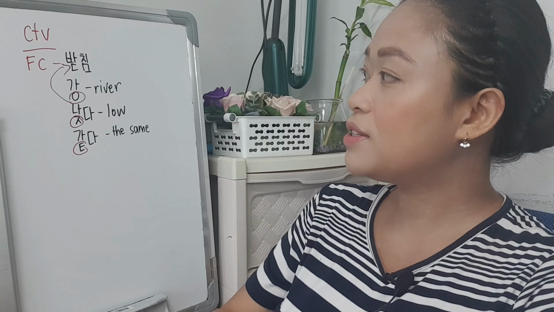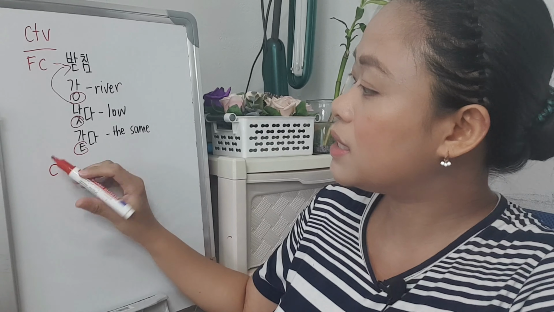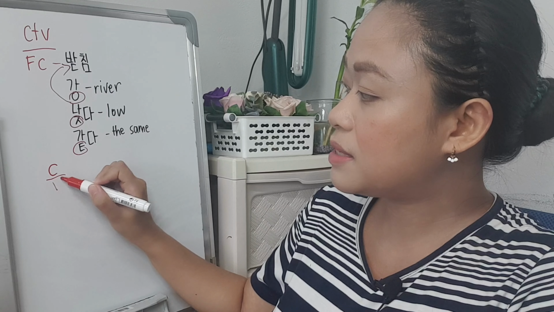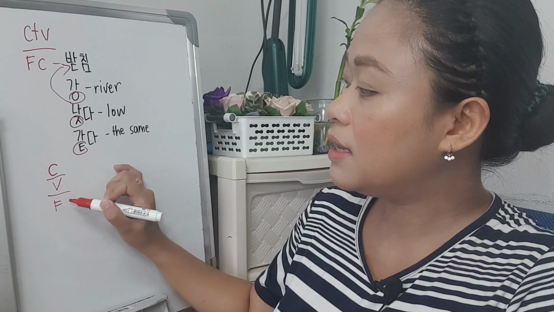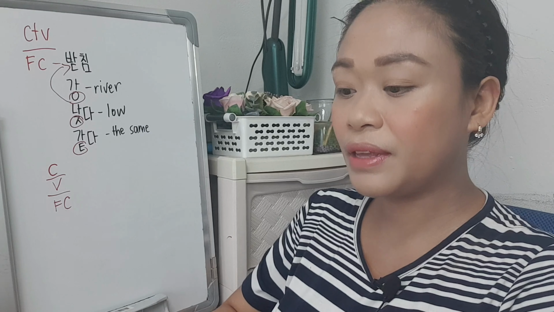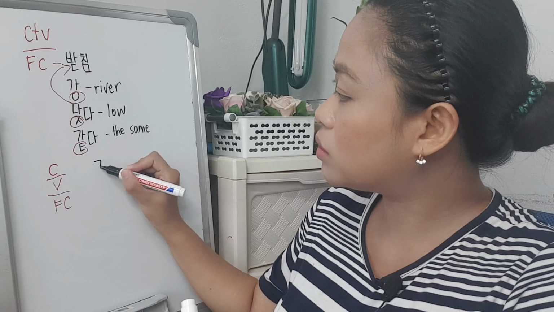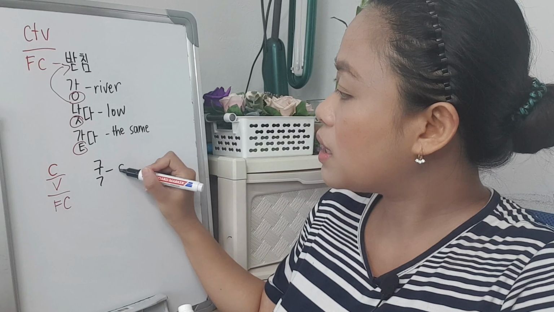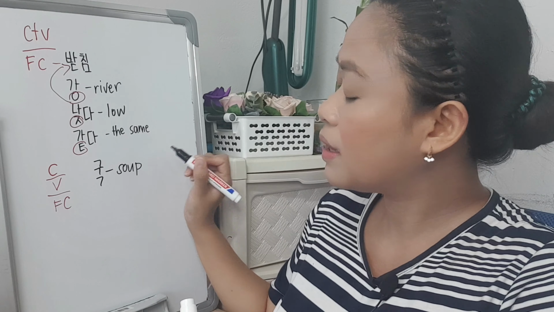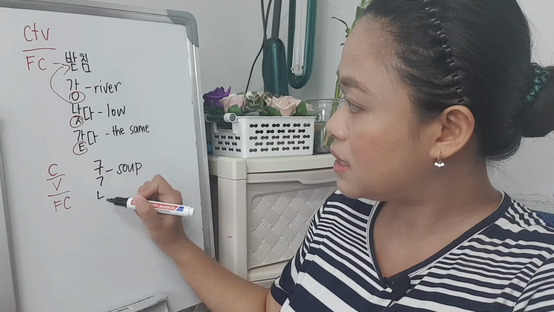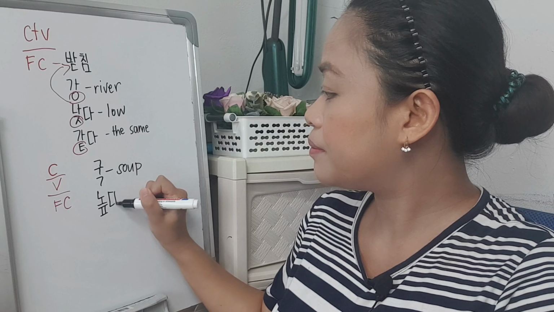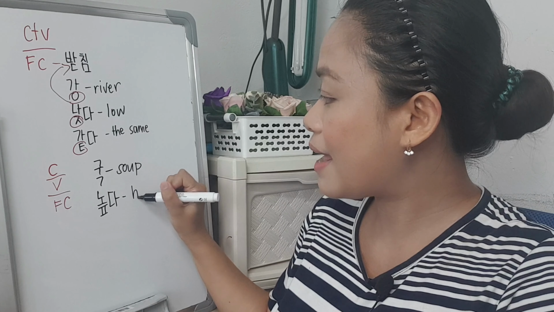There is also another one, which is the consonant plus vowel plus the final consonant. Example, guk, or soup. Another one is nupta, which is high.